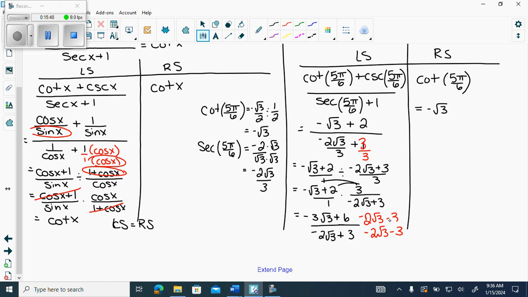If you ordered it around, it would just be the opposite. It doesn't matter. Just make sure you switch only the middle. So I would get 6 times 3 minus 9 root 3 plus minus 12 root 3 minus 18, all over negative 4 times root 3, 3 is 12, so negative 12.